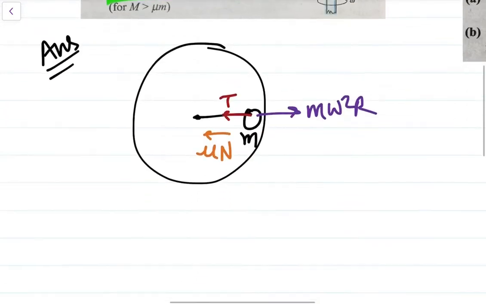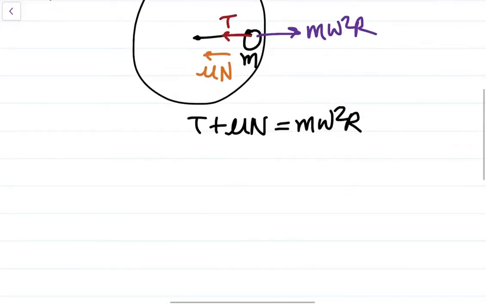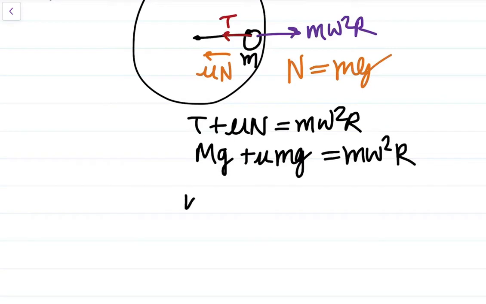So T plus mu N is equal to m omega squared r, and T is equal to Mg. So Mg plus mu mg, since normal is equal to mg only, is equal to m omega squared r. This is the omega max.